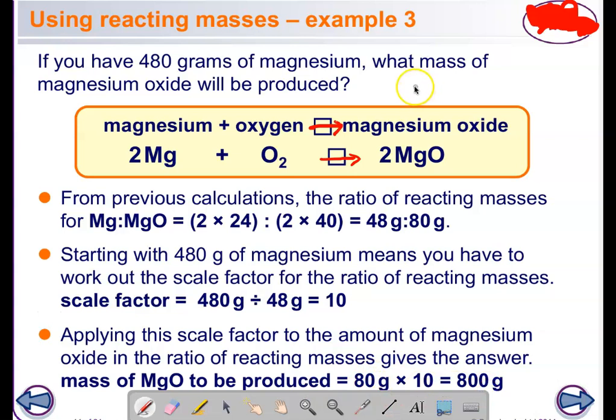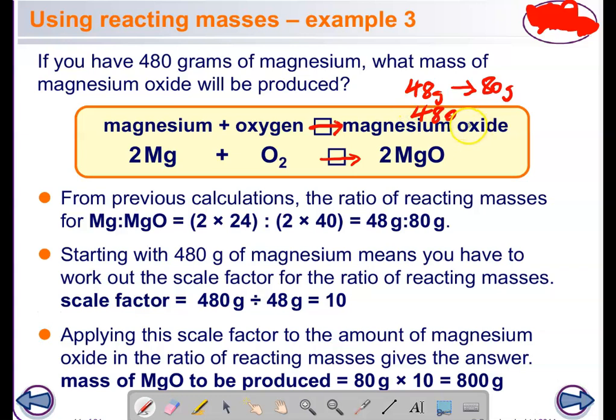Right. So if we use the previous example, in that example, 48 grams of magnesium gave us 80 grams of magnesium oxide. If 48 is giving us 80, what would 480 give us?